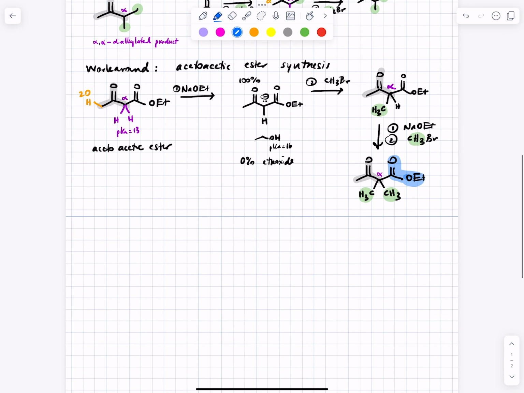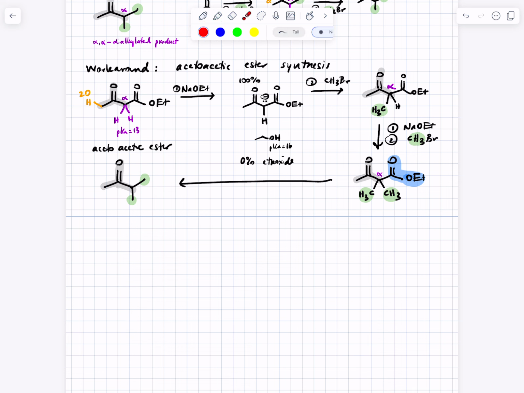The conditions to get from here to here are actually very simple. But there's three different things that go on under these conditions.